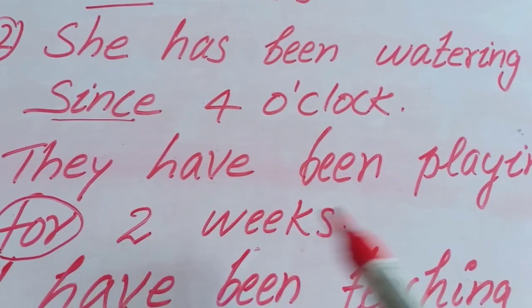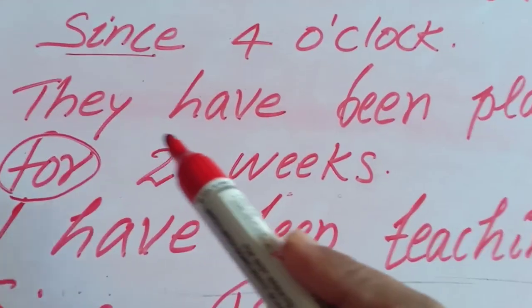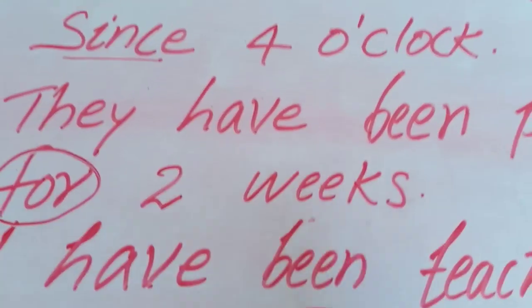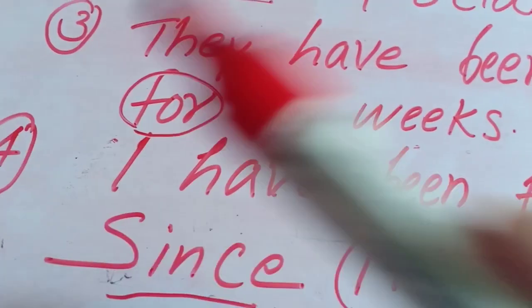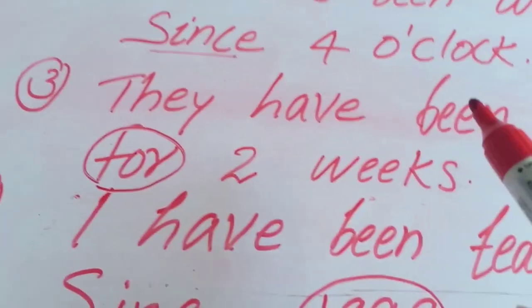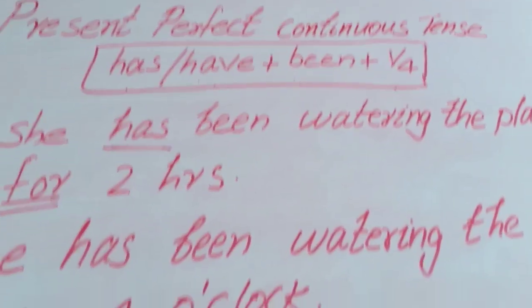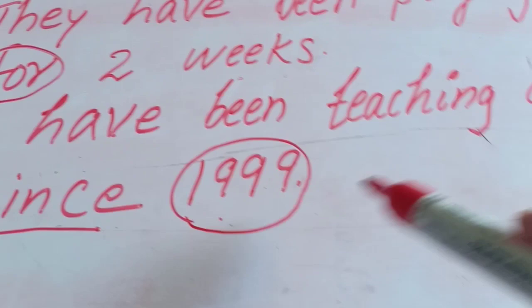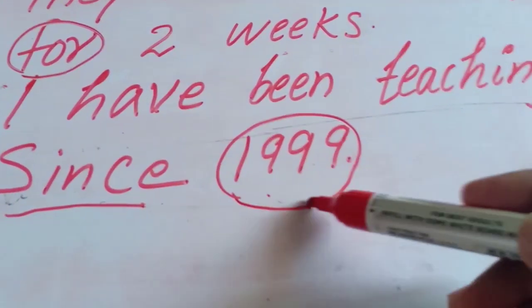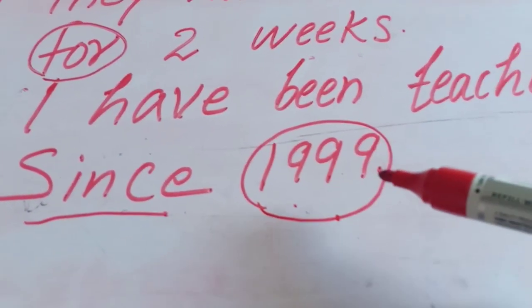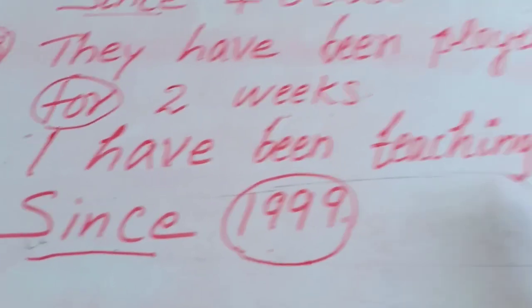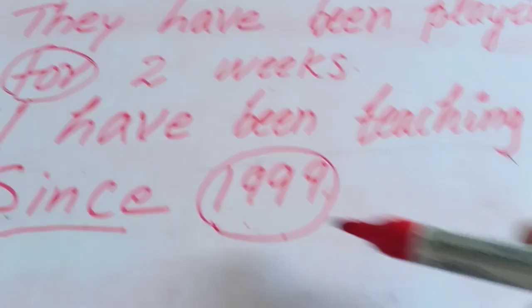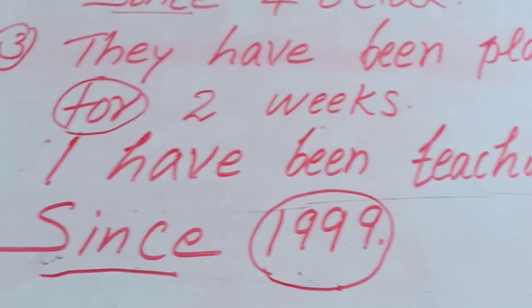So when something started in the past and is still going on, we will use present perfect continuous tense. Another example, see, I have been teaching English since 1999. That means I started in 1999, but now also I am teaching English. That's why, since 1999 I have been teaching English.